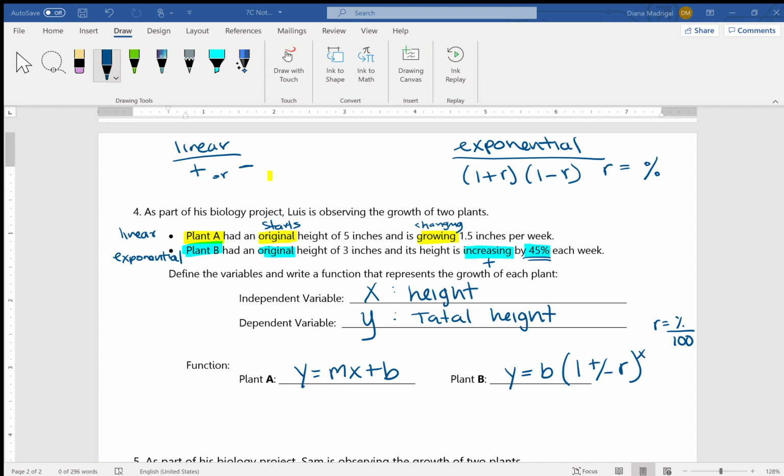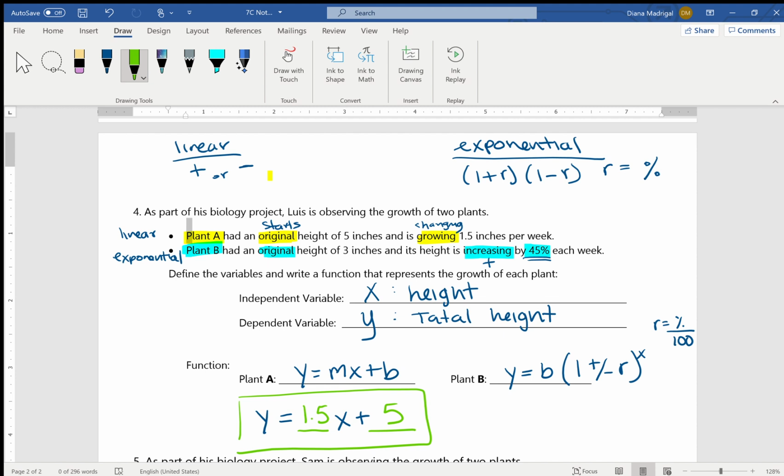B is the starting point. You're just filling in the blanks for m and b. That's all we're doing for these, okay? B is the starting point. It starts at a height of 5 inches, and it's growing, I told you, which is changing, 1.5 inches per week. So there you go. I found my equation for this.